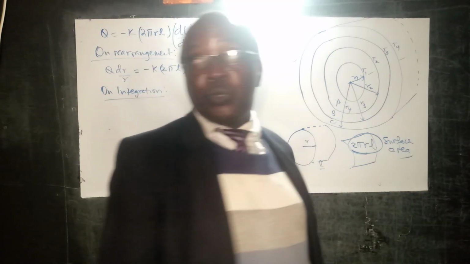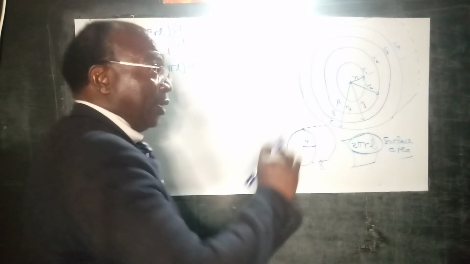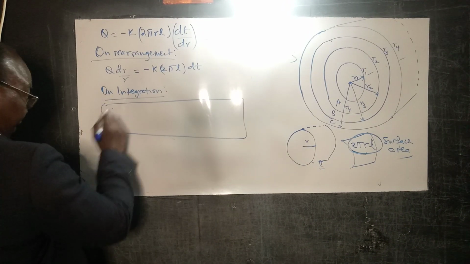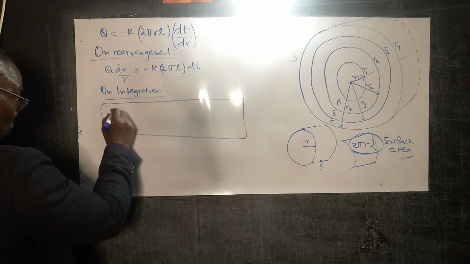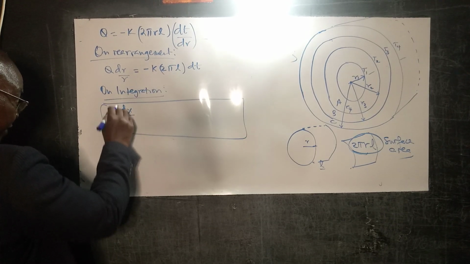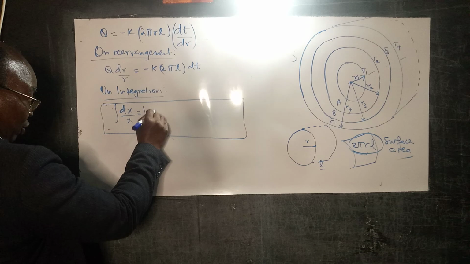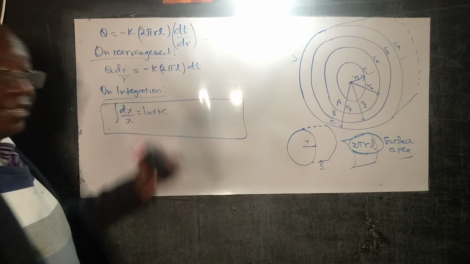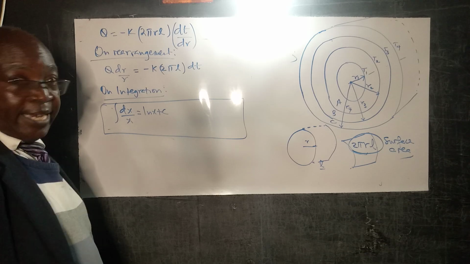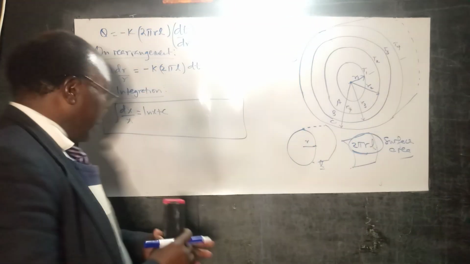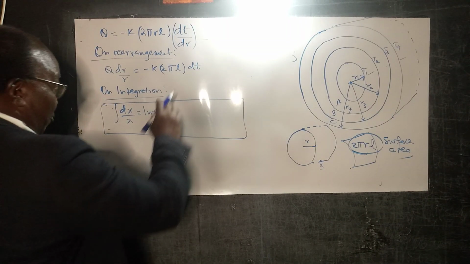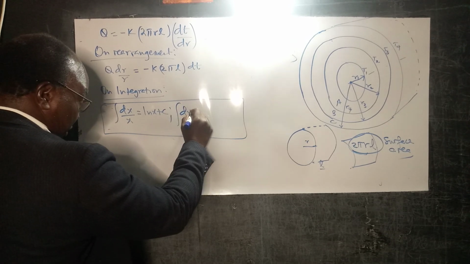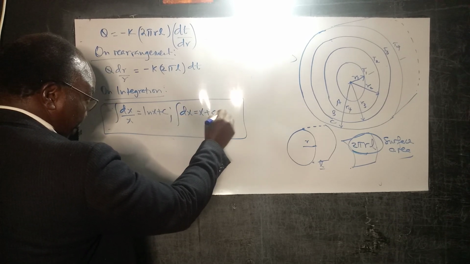where I use the identities, just in case you have forgotten. The identities I'm going to use: one, the integral of dx over x is natural log of x plus c. Of course, because you have not put the limit, you have to have the integration constant. And then I'm also going to use the identity integral of dx is x plus c.